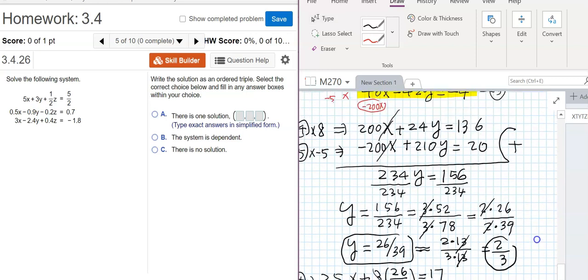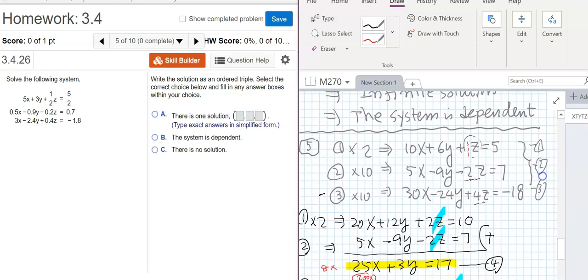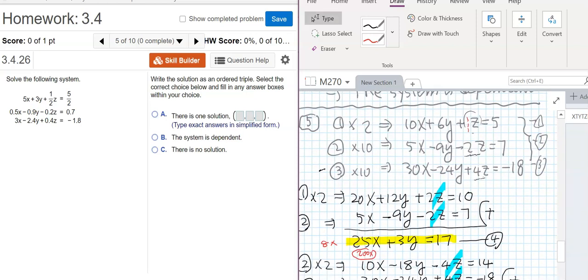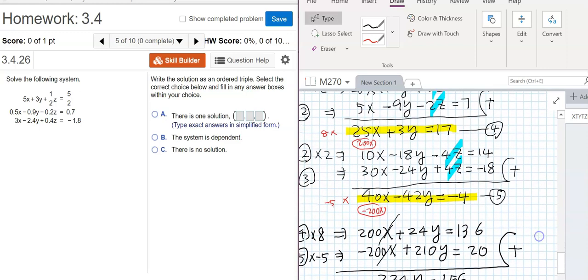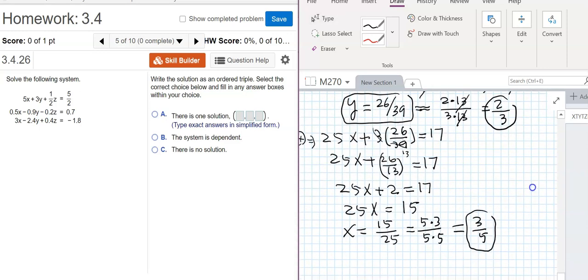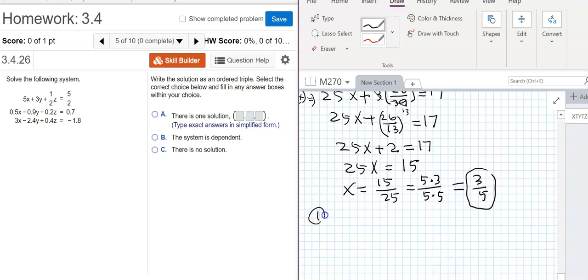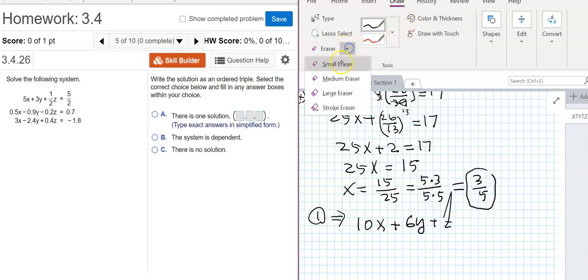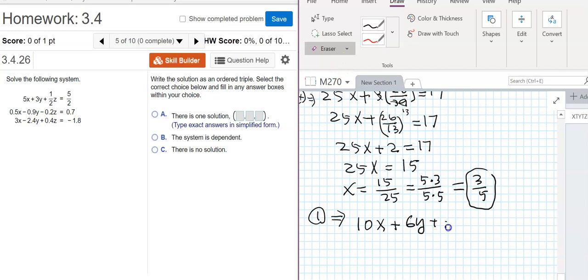So how to find z? How about the first one? Number 1, 10x plus 6y plus z equals 5.